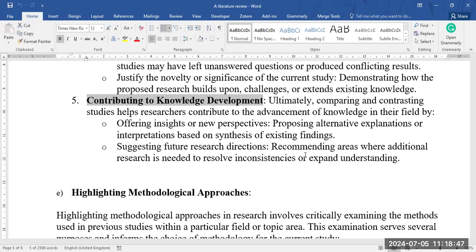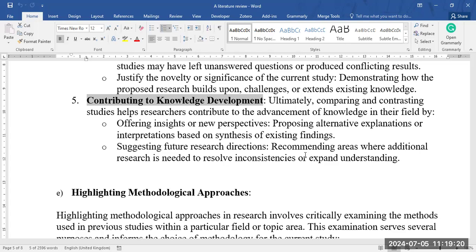Another one is suggesting future research directions, because when you are doing research, only then can you understand. Normally, in every scholarly research work, at the end of the research paper, they try to give some future direction, because they have deeply analyzed the existing research, compared, contrasted, and reviewed, and they have conducted the studies, and identified some pattern, or concluded something, but they know something is missing in the particular knowledge area.